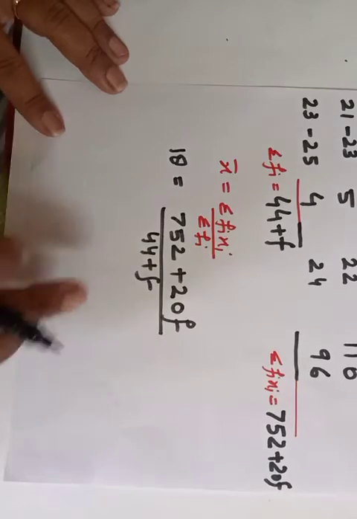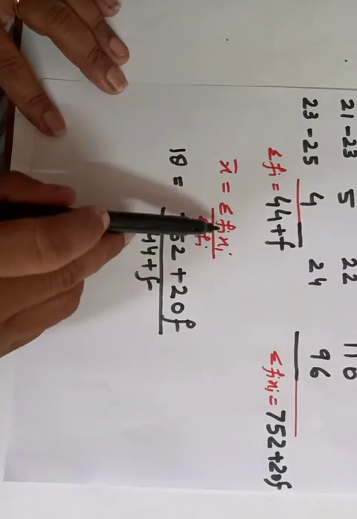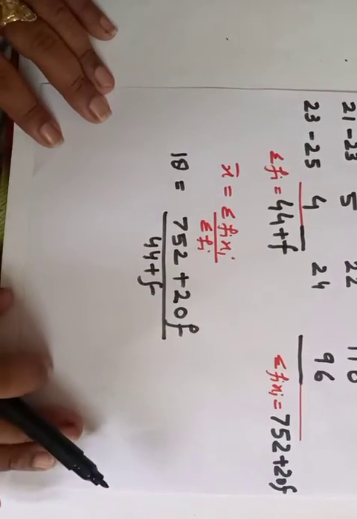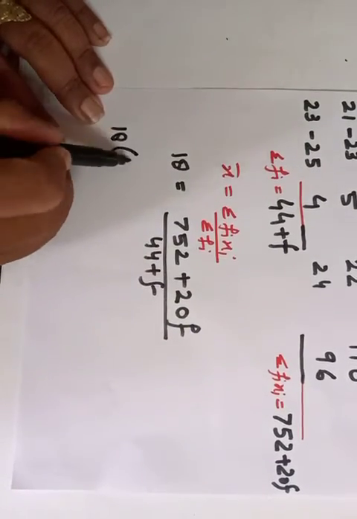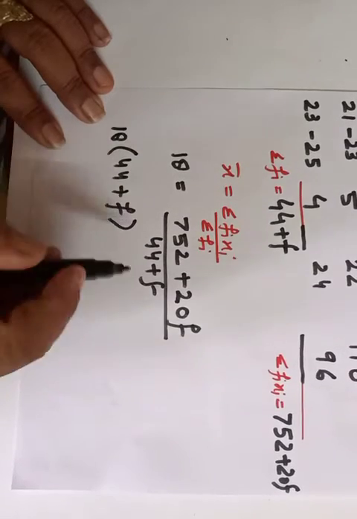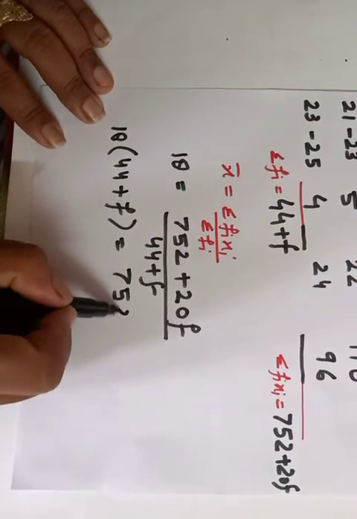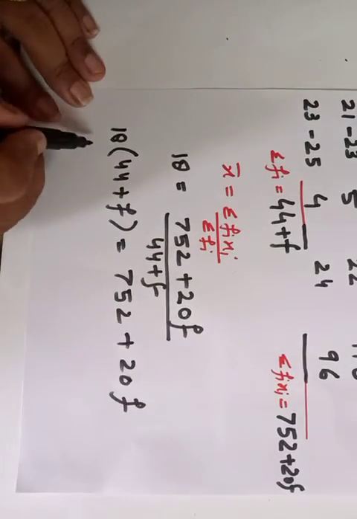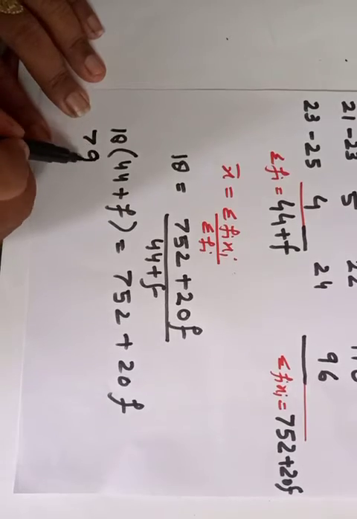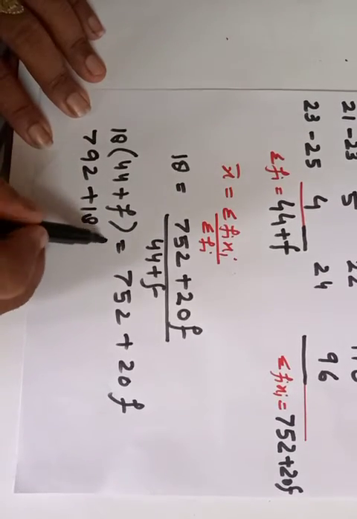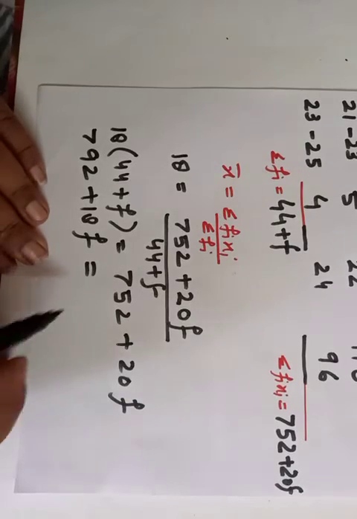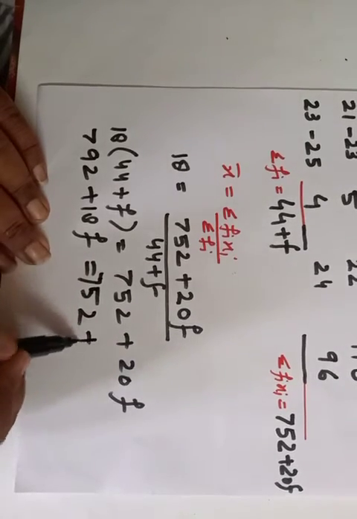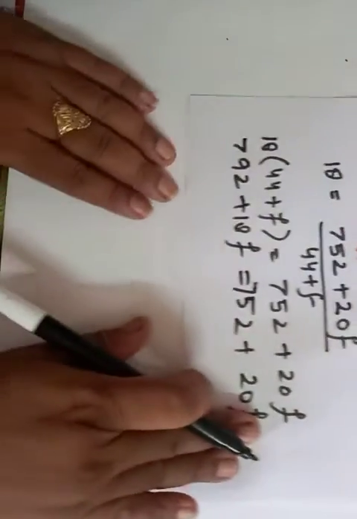That is the value we have put instead of sigma fi xi upon sigma fi. So we will do the cross multiplication: 18 into 44 plus f is equal to 752 plus 20f. 18 into 44 will equal 792 plus 18f, that is equal to 752 plus 20f.